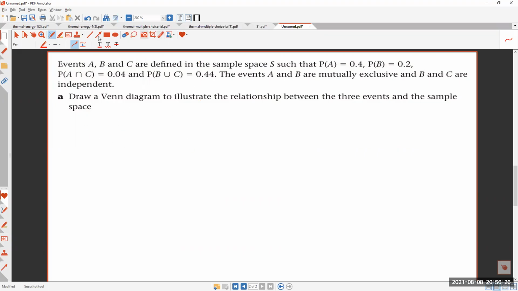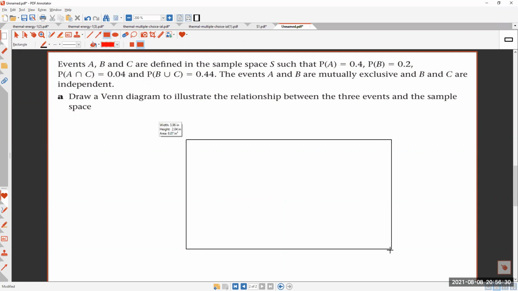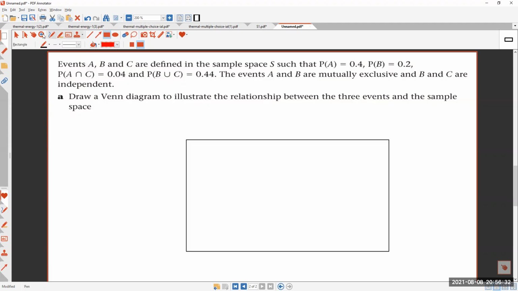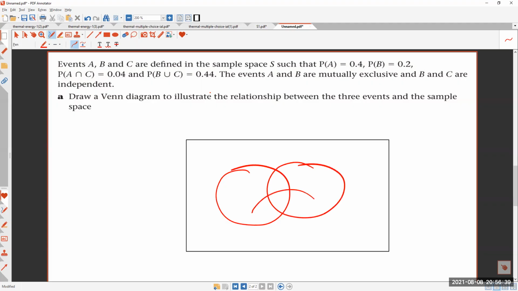We have to draw a Venn diagram. So if I'm drawing a Venn diagram, they said A and B are mutually exclusive, meaning there is nothing common between A and B. B and C are independent. So it seems something like this, because there is a common part between A and C.